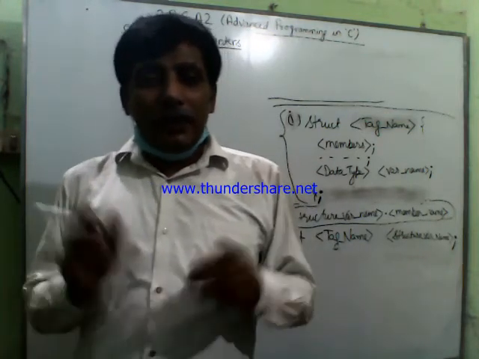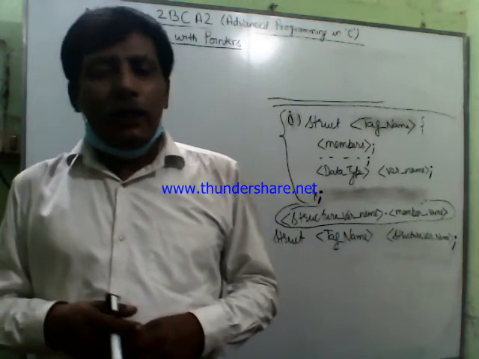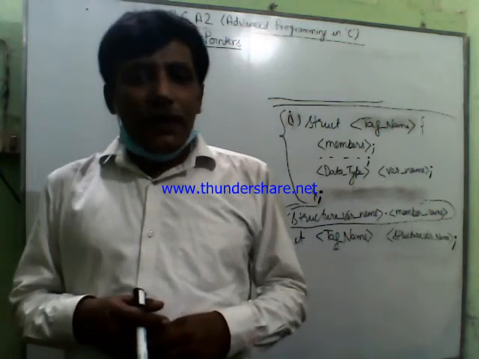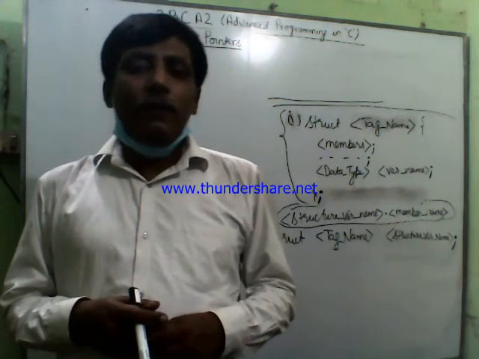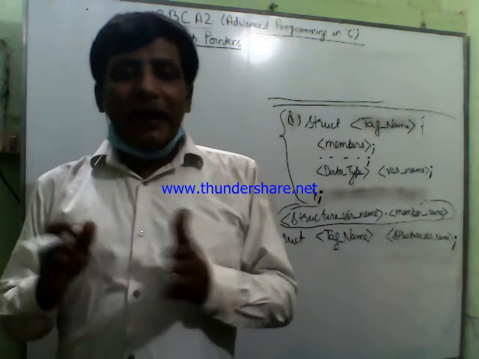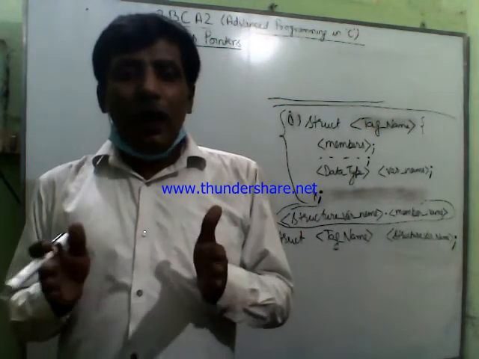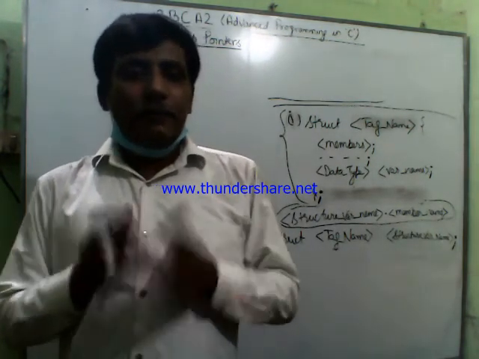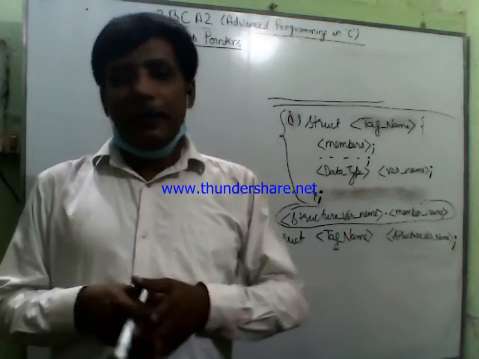And such type of memory can be created with the help of a structure. A structure is a collection of similar or dissimilar type of values. Day, month and year, all three values are of integer type. All these values are of similar type.